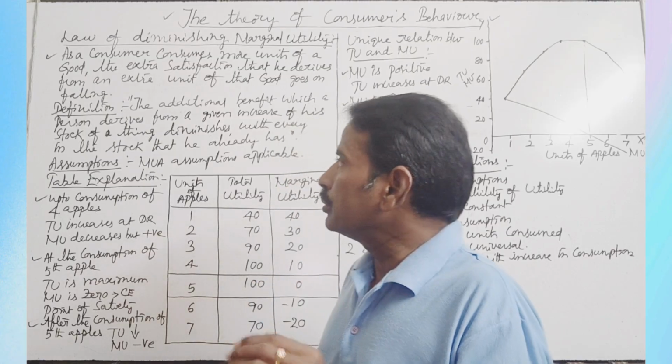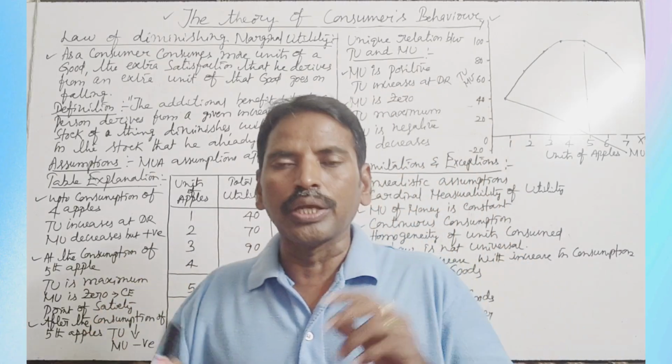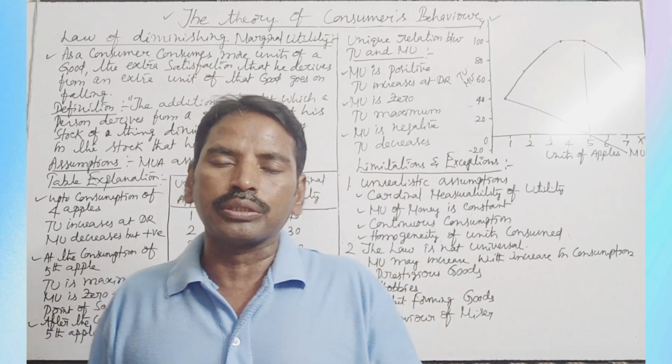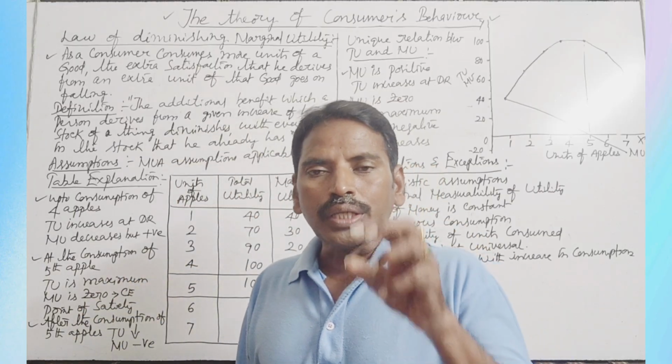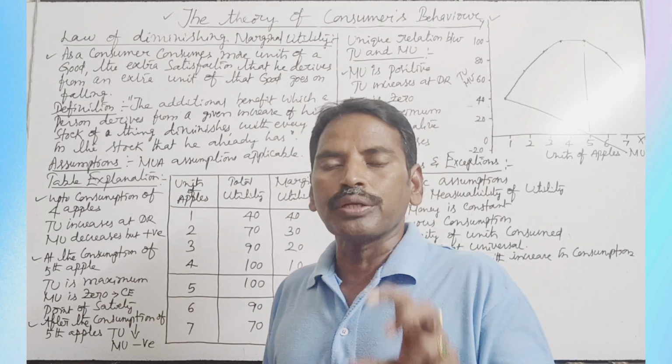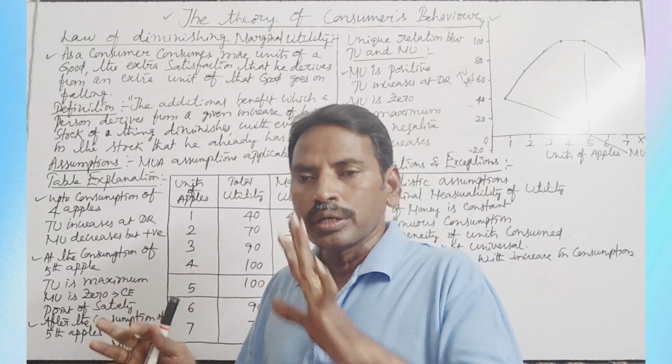So according to the law of diminishing marginal utility, if a consumer consumes more and more units of a commodity, the additional utility derived from the consumption of an additional unit of a commodity goes on diminishing.